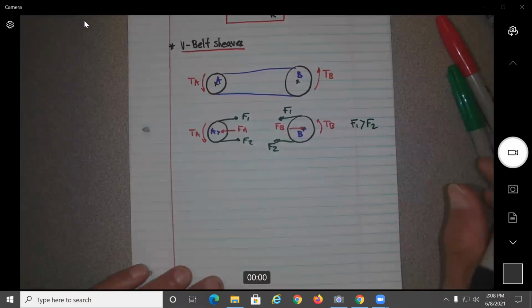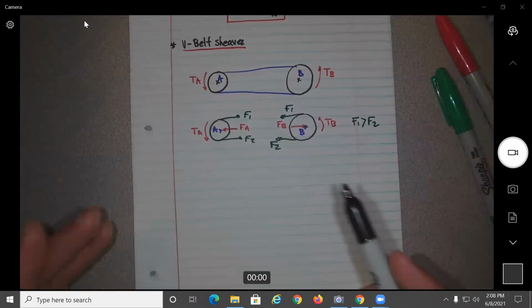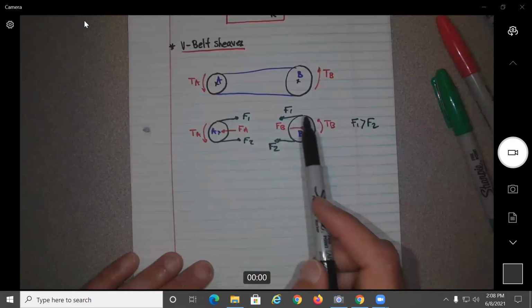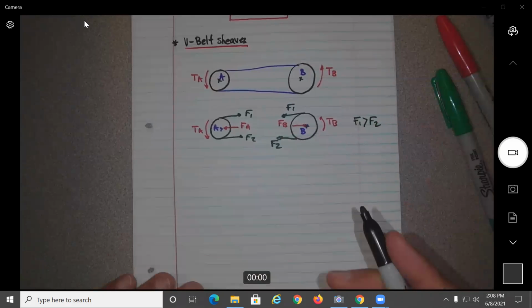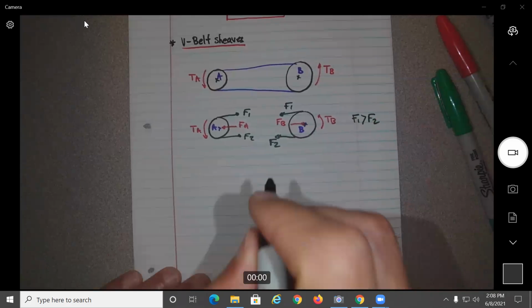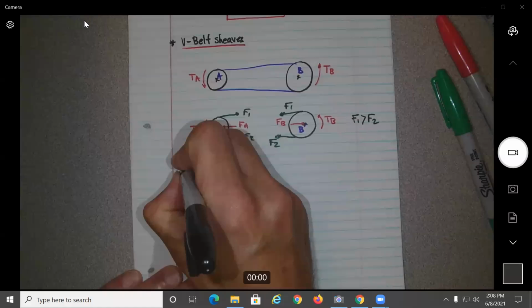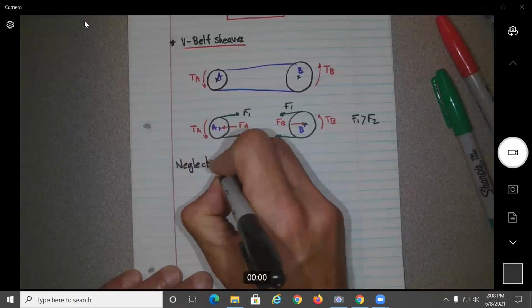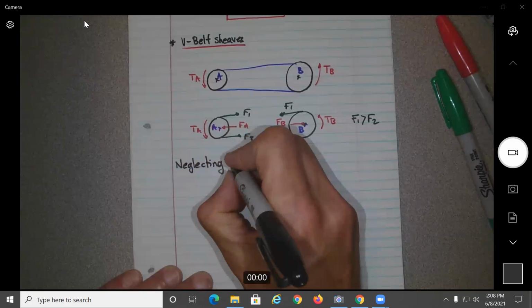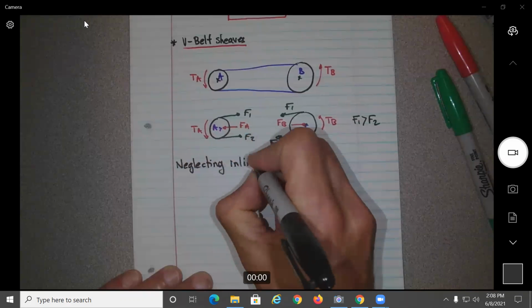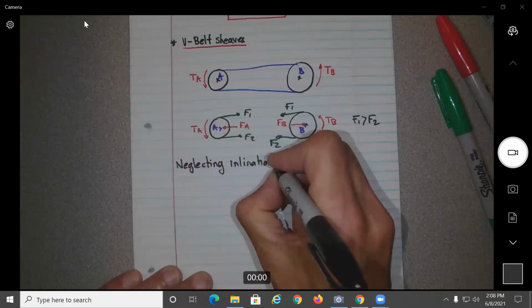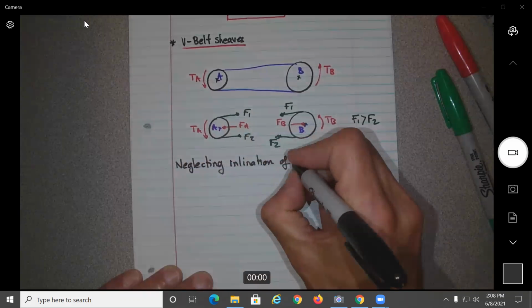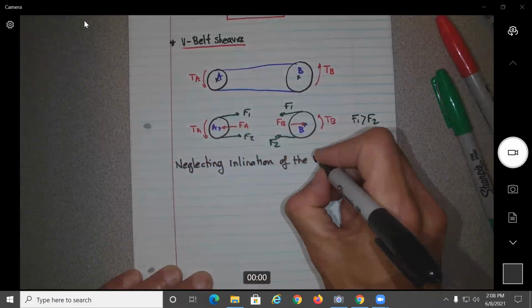As before, you could measure the inclination angle, but I don't want to complicate the equation too much. So let's say neglecting inclination of the V-belt.